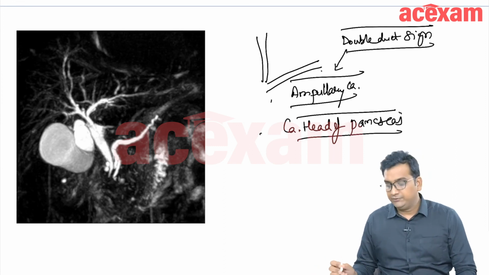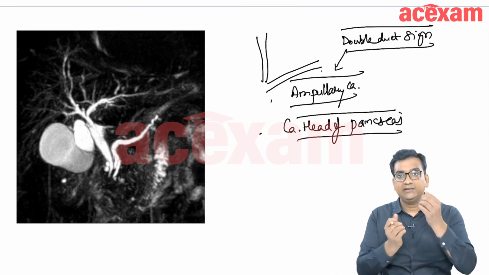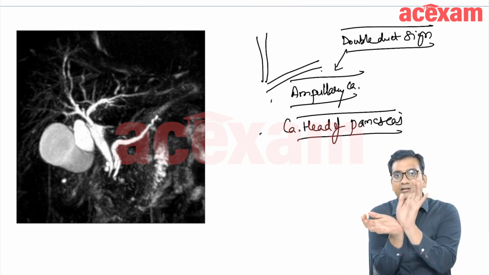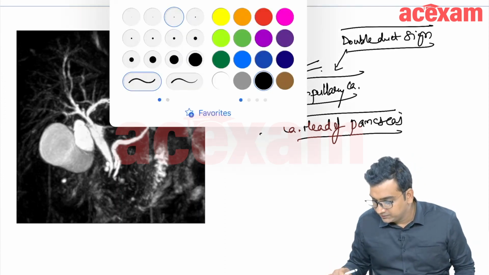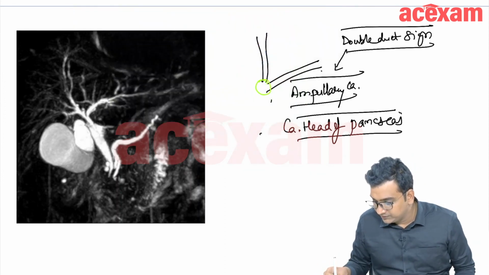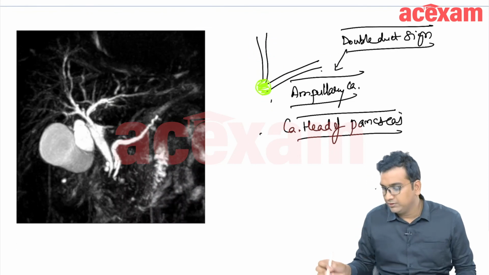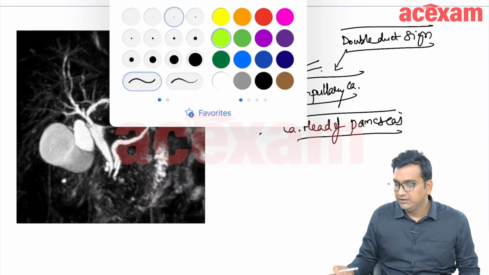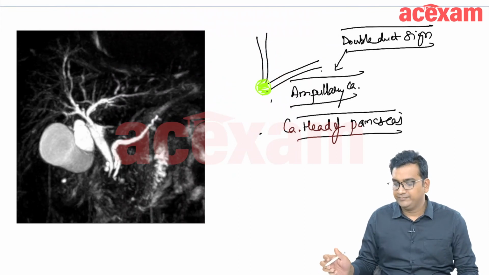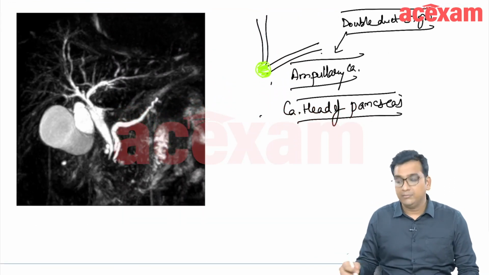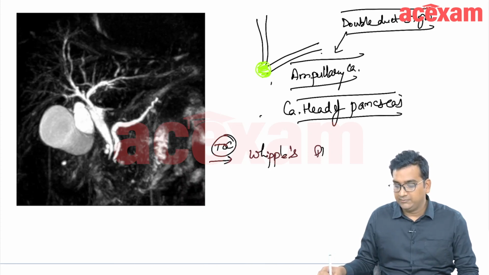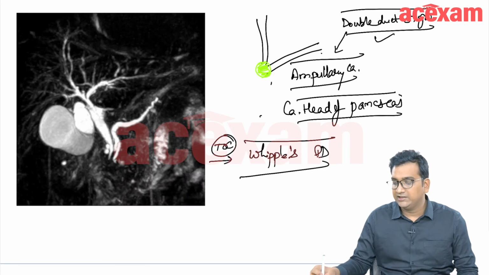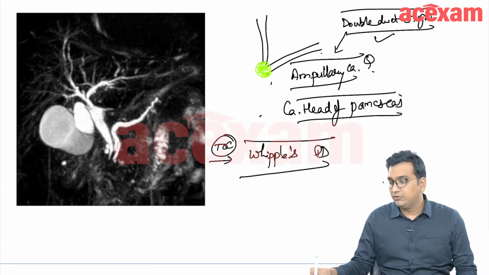If you have a dilated CBD as well as a dilated pancreatic duct, it means there is some obstruction at this site, and the obstruction can be due to an ampullary tumor or some carcinoma in the head of the pancreas. Okay, so the treatment of choice for this patient is Whipple's pancreaticoduodenectomy.